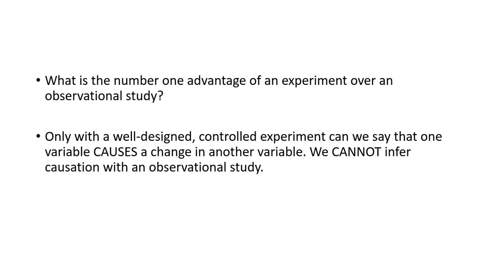So let's say we look back a couple slides to the experiment with the alcohol in the mice. If you could show that the more alcohol you give, the lower the body temp, then you could say the alcohol is the cause of it. An observational study cannot do causation. Okay, it's just a correlation, which are different. So an experiment shows cause.